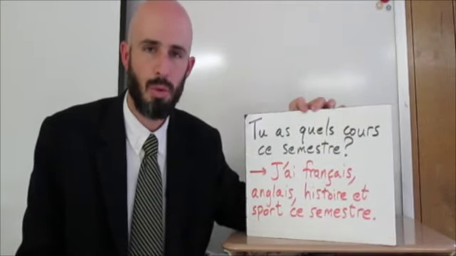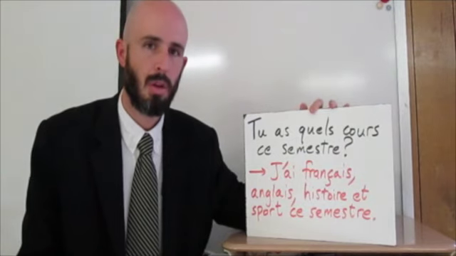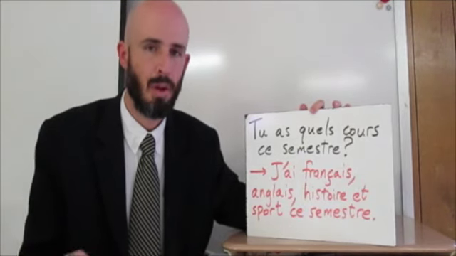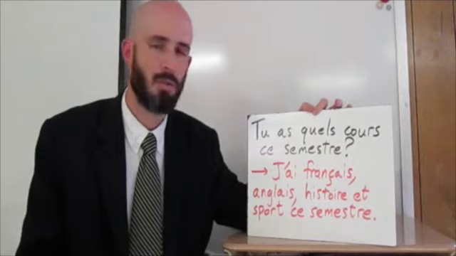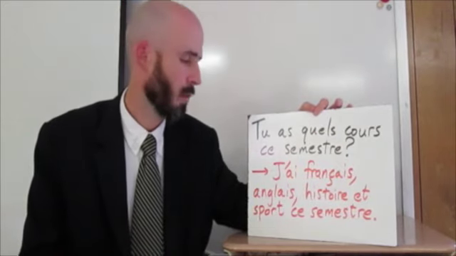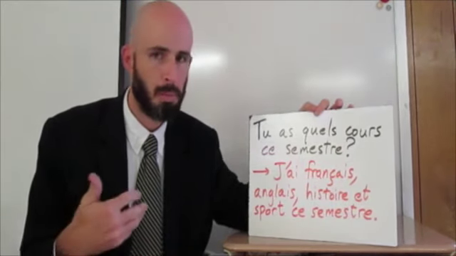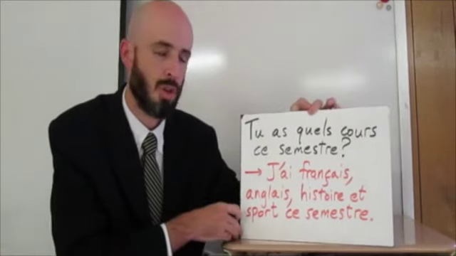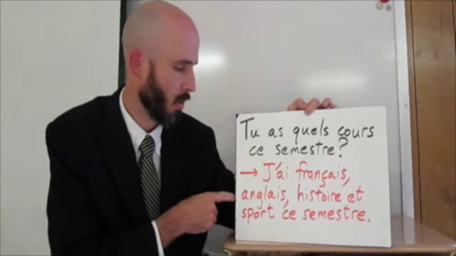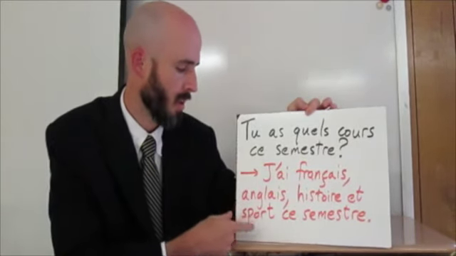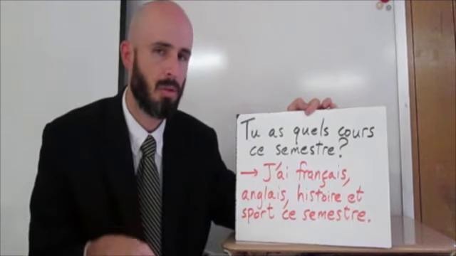Tu as quel cours ce semestre? What classes or which classes do you have this semester? Okay? So you could name them, okay? Par exemple, on pourrait dire j'ai français, anglais, histoire et sport ce semestre.